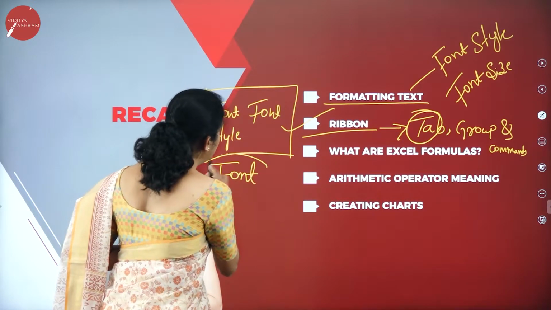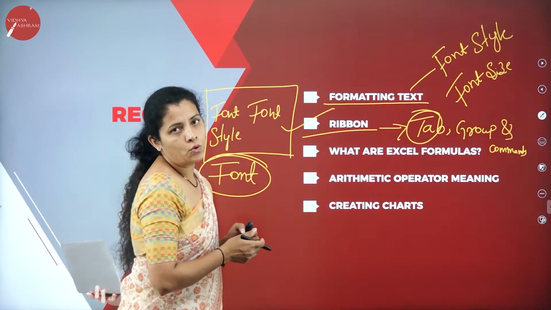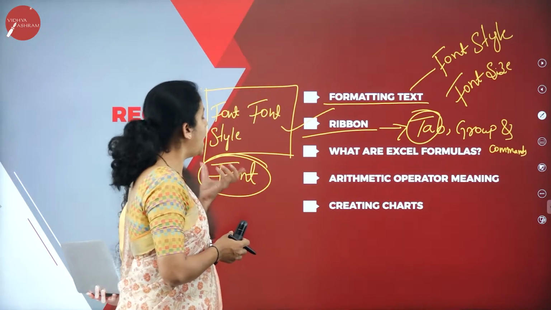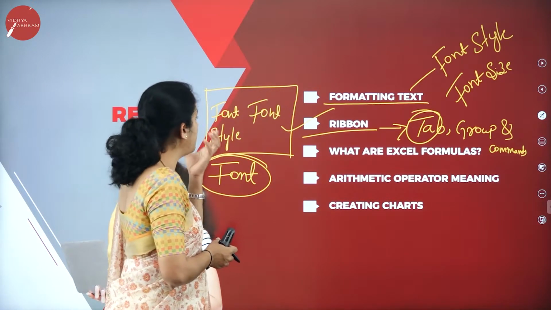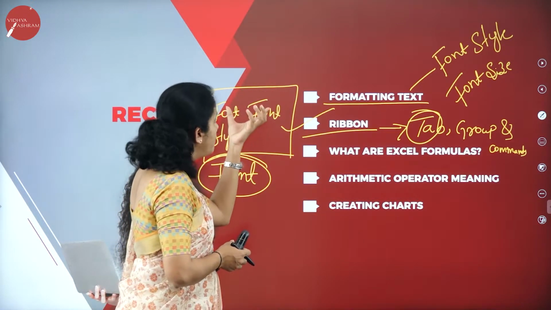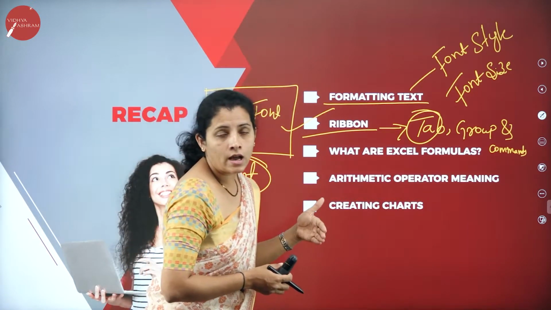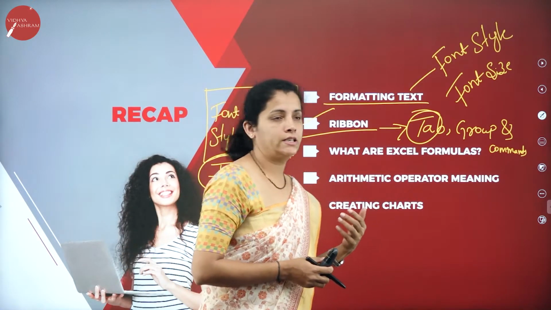So what is group here? And what is the name of the group? That is nothing but the font. Under font, I'm going to have certain commands like font style, font color or font size, font alignment, etc.